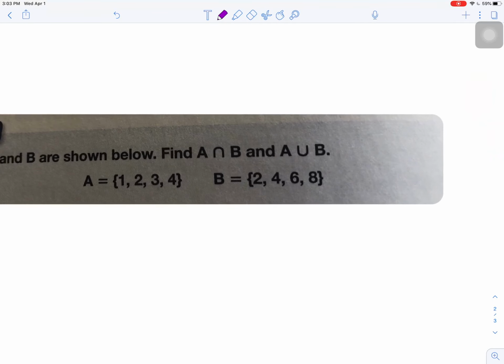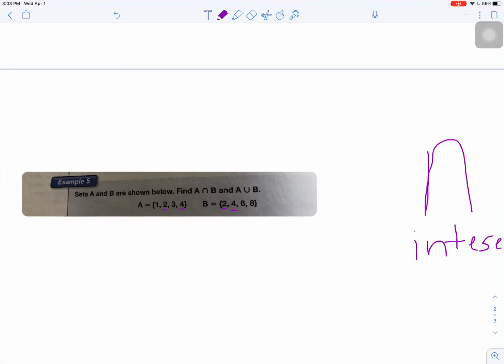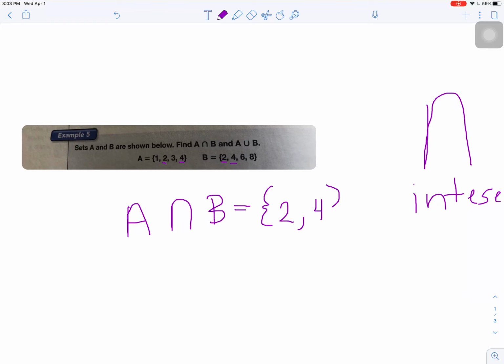You'll see that A and B share or intersect 2 and 4. Those are the only ones that they do. So that would mean that A intersects B at 2 and 4.